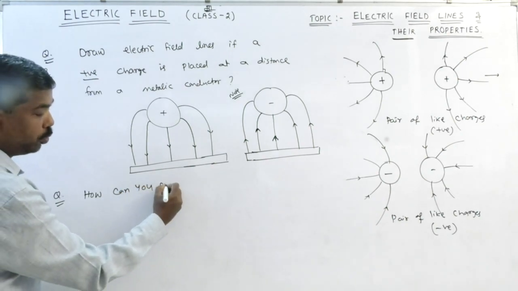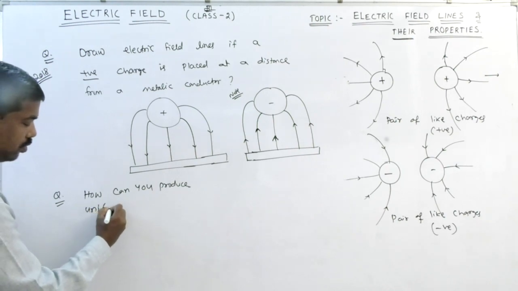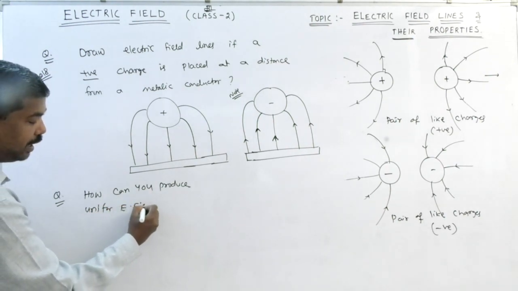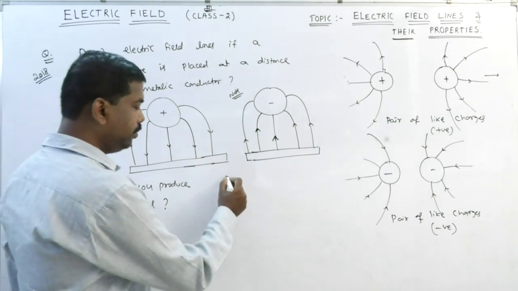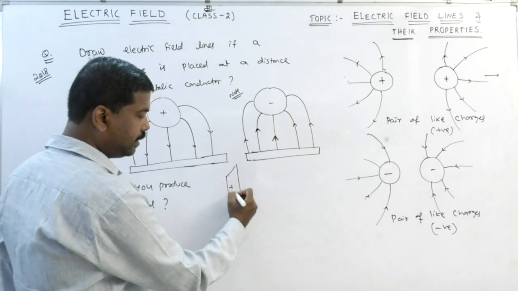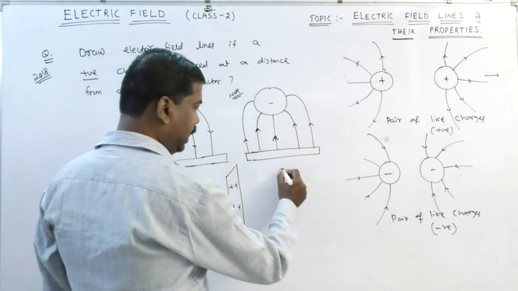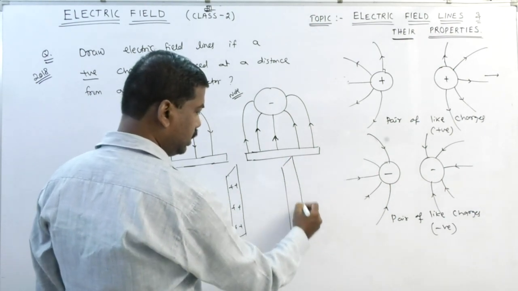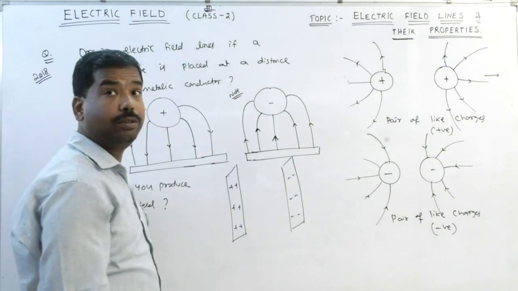How can you produce a uniform electric field? Let us imagine this sheet is positively charged, and I have taken another sheet with negative charge.